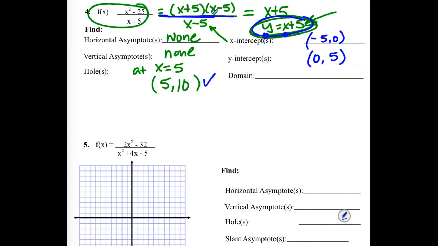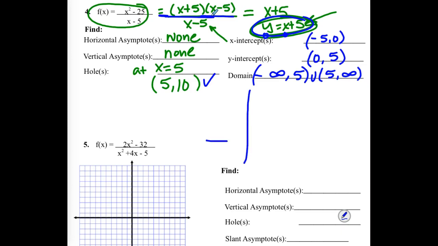Yes? And then domain. What's the number we had to jump over? A 5? All right, so earlier you said y equals x plus 5 is just a line.